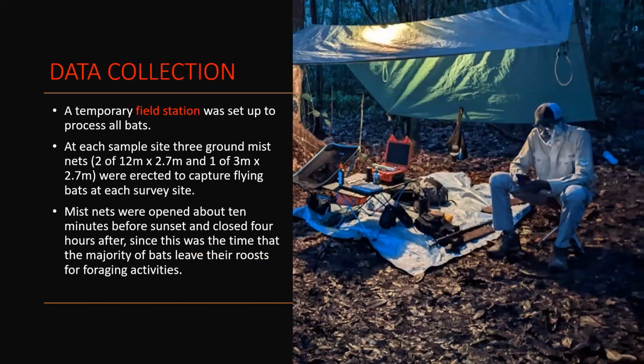At each site and each time we set up our mist nets, a temporary field station was set up to process all the bats, as you can see here on the right. That's one of our survey team members, Richard Smith. At each sample site, 3 ground mist nets, 2 of 12-meter by 2.7-meter nets, and 1 3-meter long net were erected to capture all flying bats at each survey site.